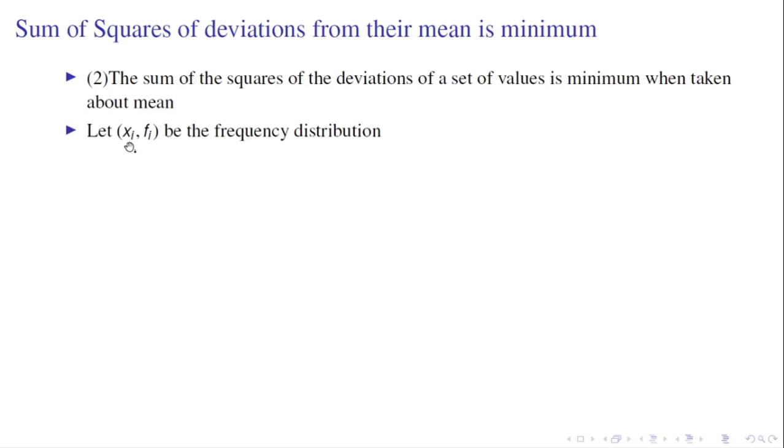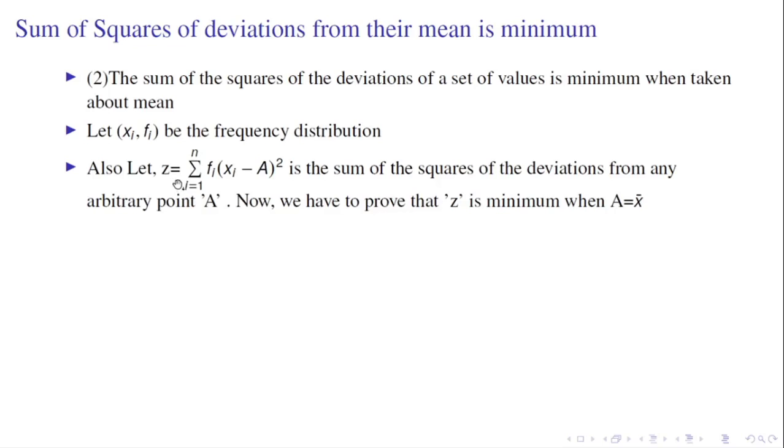Here let xi, fi be the frequency distribution of variable x, where xi is repeated fi times, and also let z be the function summation i is equal to 1 to n fi into xi minus a whole square. This is nothing but the sum of squares of deviations taken from an arbitrary value a or arbitrary point a.